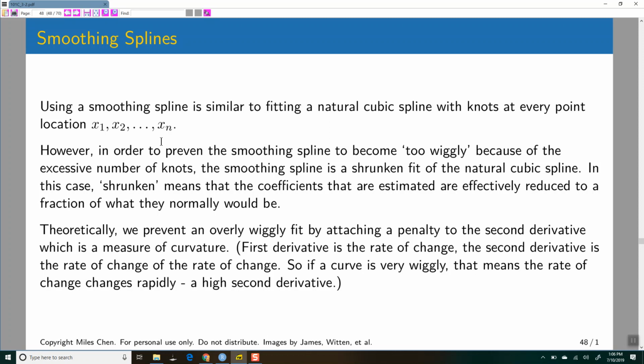So you say, okay, let's fit this by minimizing the squared residuals, and we're doing the same thing, except now we're minimizing the squared residuals plus some penalty for having too wiggly of a function, okay? And so we attach a penalty to the second derivative, which is the measure of the curvature.